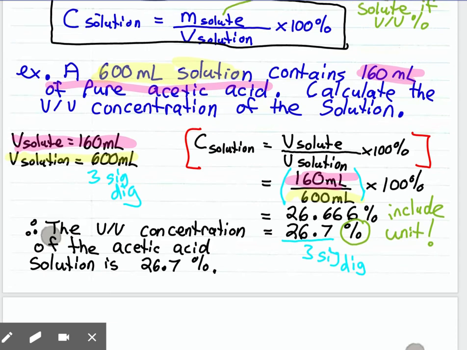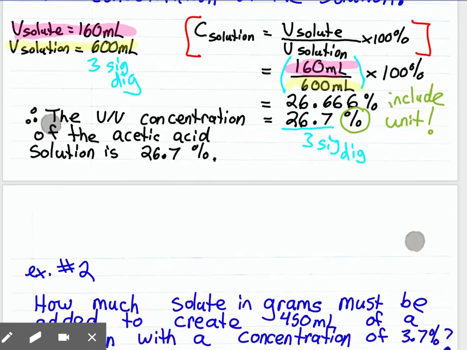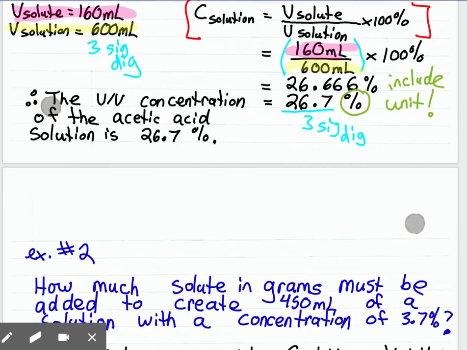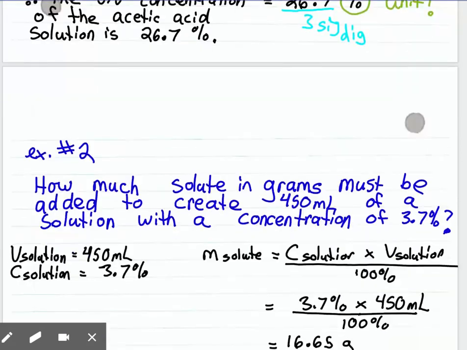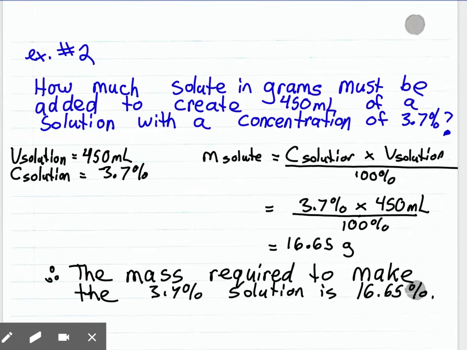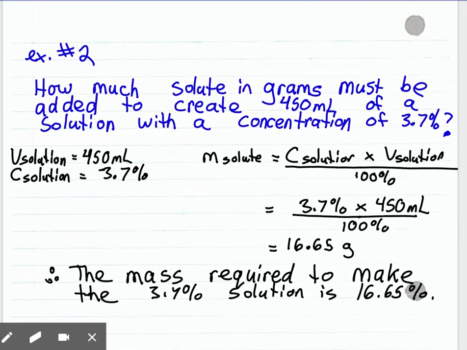Now, sometimes you will have concentration and it wants you to rearrange your formula to solve for something else. And that's what's going to happen in example number 2. So in example number 2, it says how much solute in grams must be added to create 450 mils of a solution with a concentration of 3.7%.